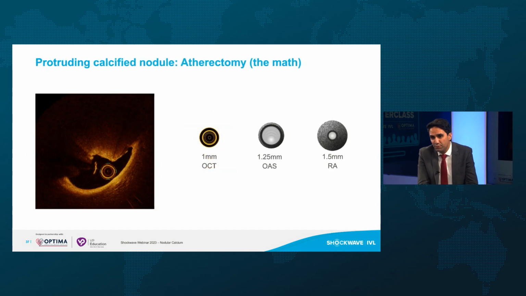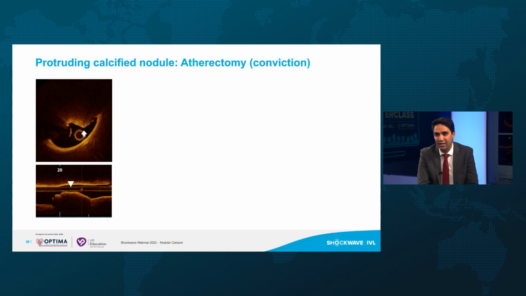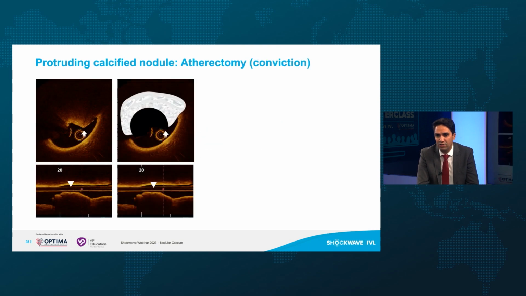So if we put this in perspective, look at the size of the OCT catheter, think about the size of an orbital atherectomy even with orbiting, which we'll get to, 1.8 millimeters, and a rotational atherectomy burr that's most often used for atherectomy at 1.5, we're really creating very, very little impact on this calcified nodule.